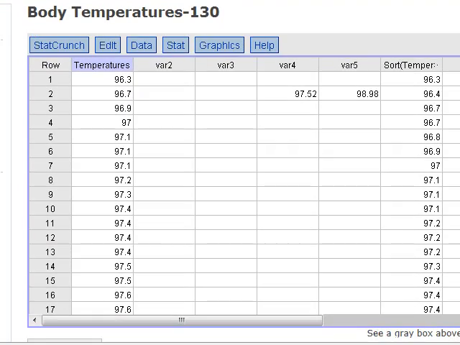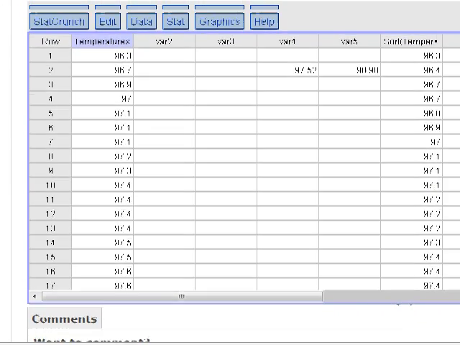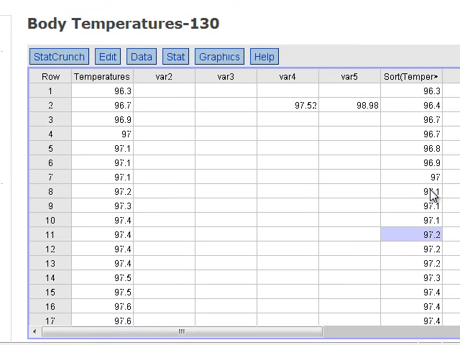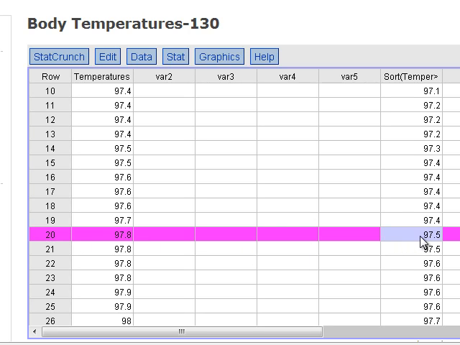So we want to know how many fall between 97.52 and 98.98. So right here, we just look here, we're at row 20, right? Actually, no, 97.52 would be this one.